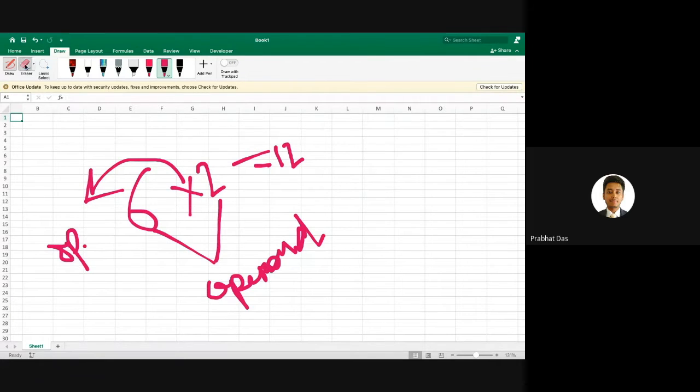But what if I change this operator to plus? The entire operation will get changed, but the operands remain the same. We are changing the operator, and the entire process changes.